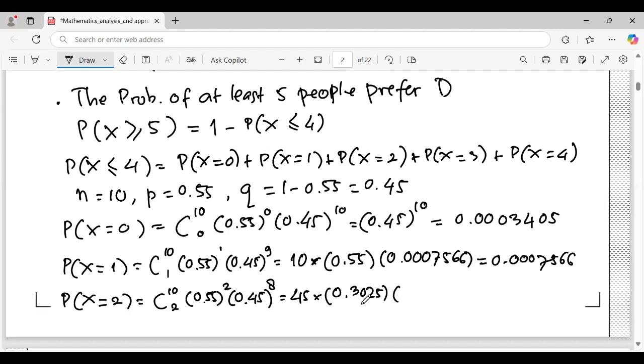This one 0.45 power 8 is 0.0016815, and the result is this one, 0.0041617.